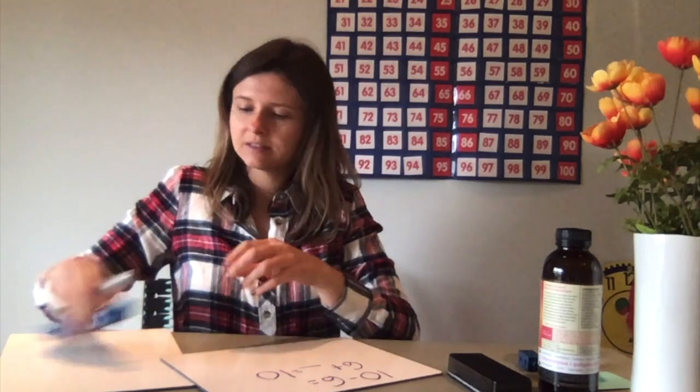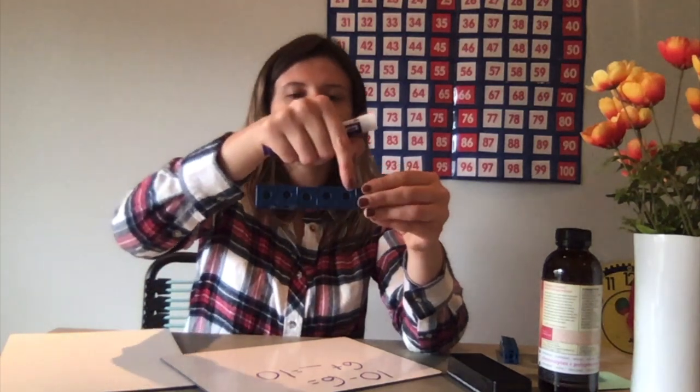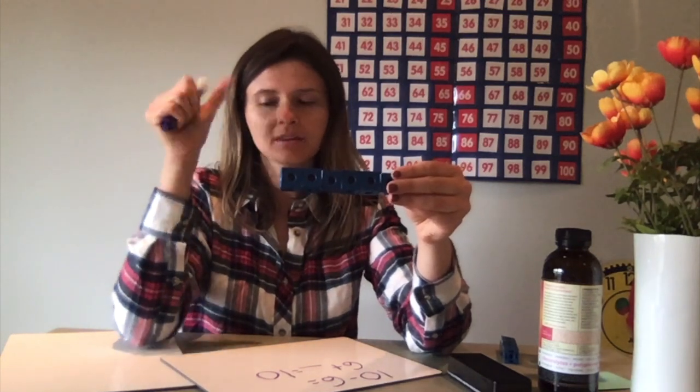So if I have 6 blocks, 1, 2, 3, 4, 5, 6, how many more do I need to have 10? So we can solve this in our brains too. 6, 7, 8, 9, 10.